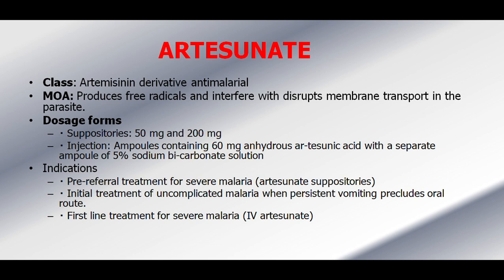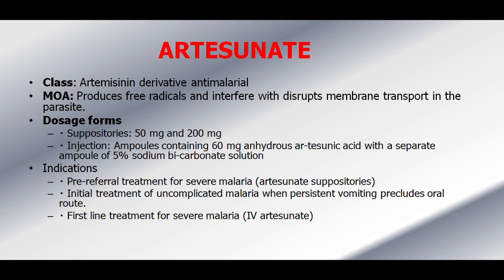Then, what are the indications for artesunate? One, it's given as a pre-referral treatment for severe malaria, that is artesunate suppositories or rectal artesunate. Two, it's given as an initial treatment of uncomplicated malaria when persistent vomiting precludes the oral route.